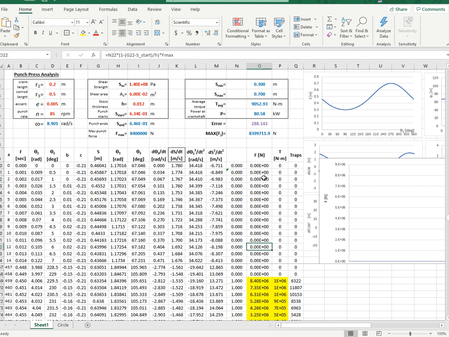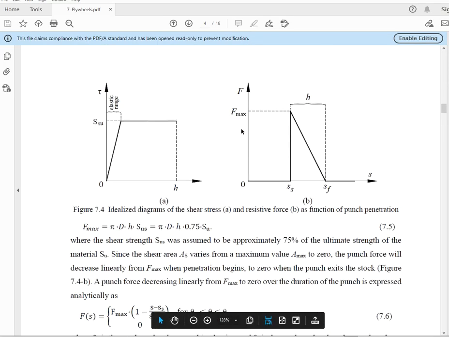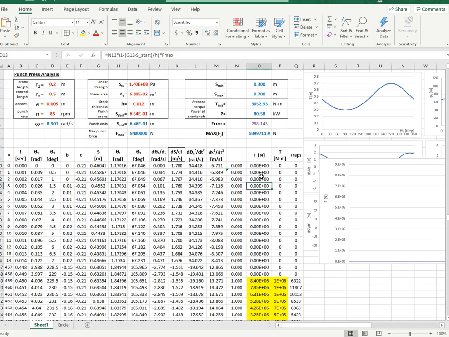And of course the equation exists like the way you have it here. The line extends both sides, the equation of the line goes from minus infinity to plus infinity of s. But since I'm doing this multiplication, I'm forcing the force F to 0 when the punch is outside of the stroke.